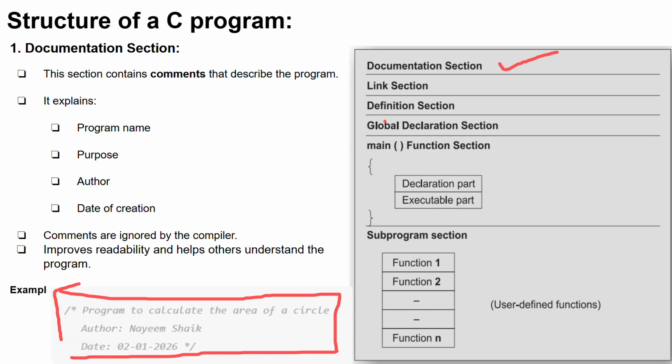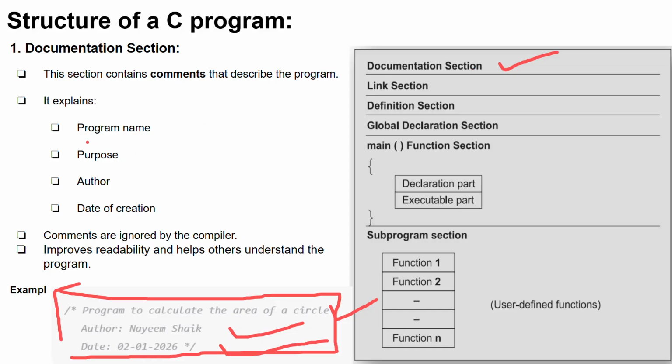It is written at the start of our program with a slash star, which indicates a comment, giving information about the program to calculate the area of the circle. So we are giving what the program is, who the author is, and when it was created. Some information we give in the documentation section of the C program.